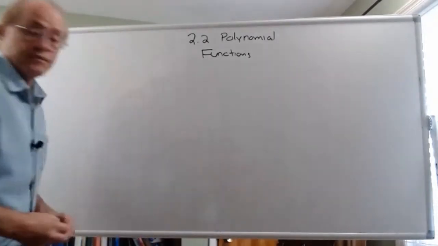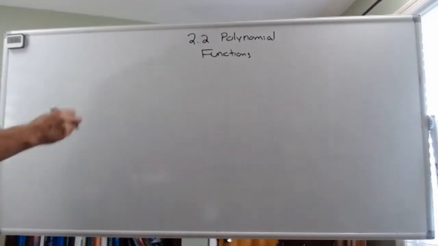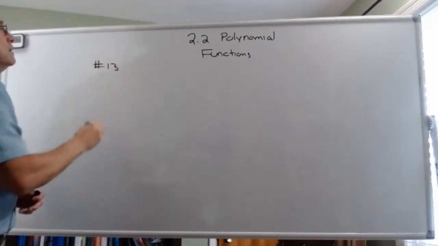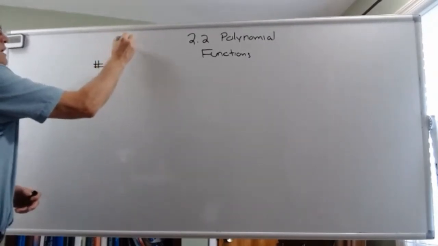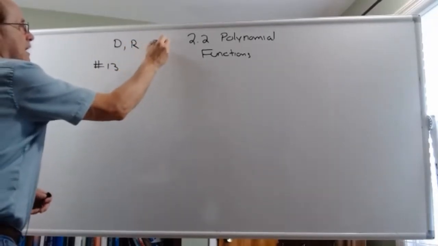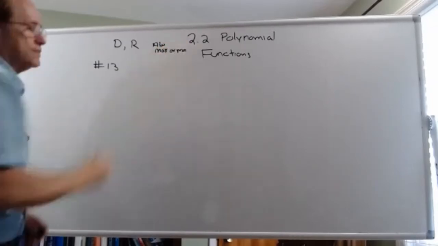That's not a lot of work there. So find the domain and find if it has an absolute max or min. So number 13. Again, we want to find the domain, the range, and whether it has an absolute max or min. That's what we're asking.